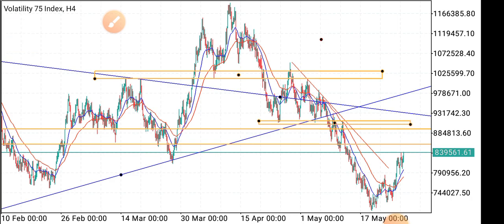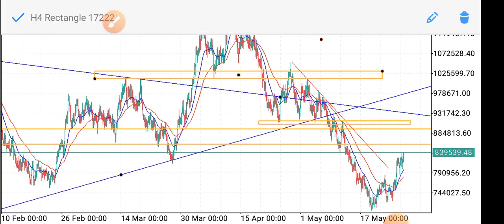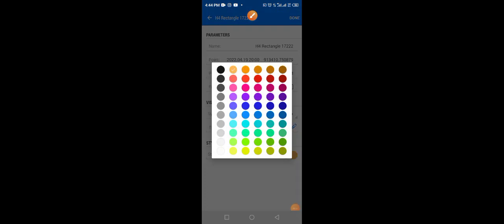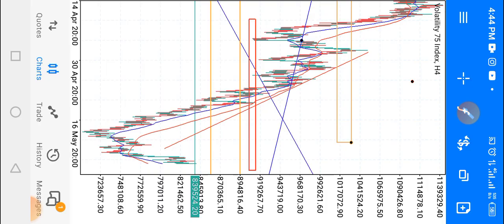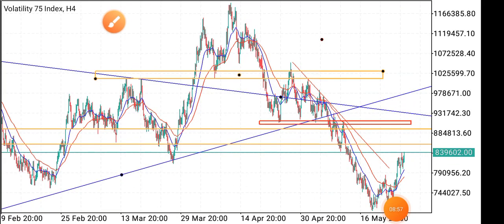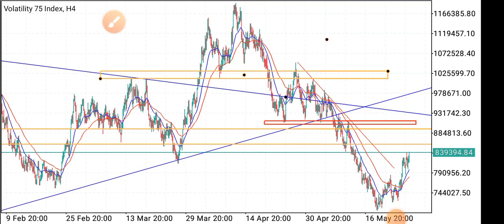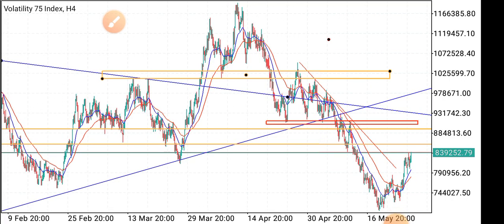Don't forget. Let me change this one to red so that you understand that the red trend line is meant for 4 hour charts, while the blue line is meant for daily charts. Now you can see the way I'm trying to spot out the support and resistance area first before I make my decision.